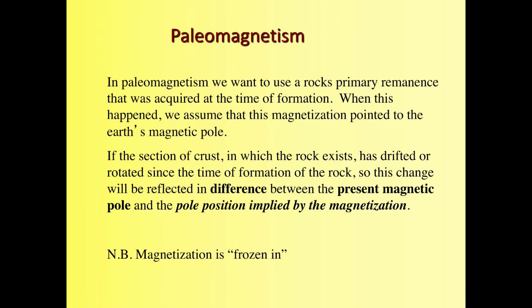Now, let's move on at this point to talk a little bit about paleomagnetism. What I've tried to explain in our first couple of classes is the foundation for why rocks become magnetized. But as standard geologists, we're not really interested necessarily in those details, but we might be interested in what the magnetization of rocks can tell us.